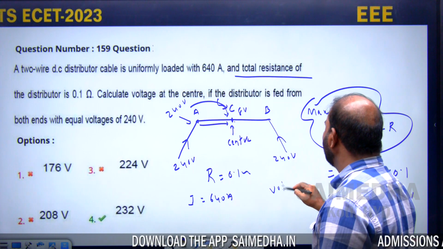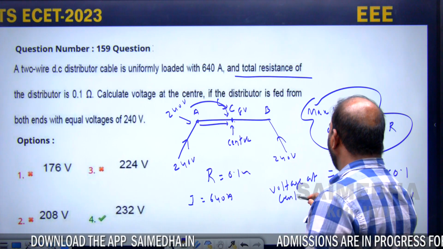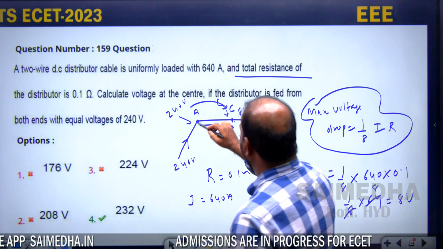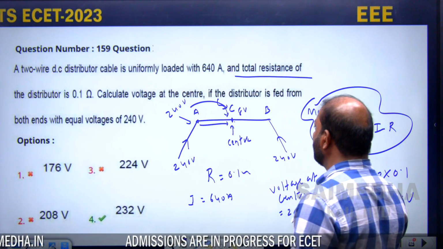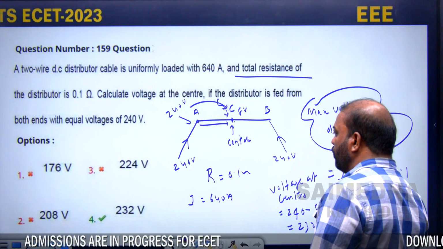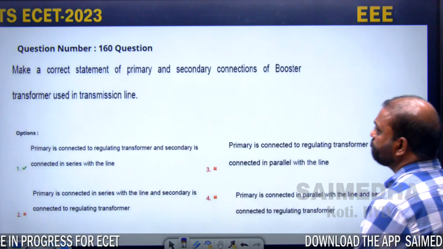So the voltage at center is given by the fed voltage 240 minus the maximum voltage drop of 8, which is 232 volts. Which option is it? It is option 4. Option 4 is the right answer.